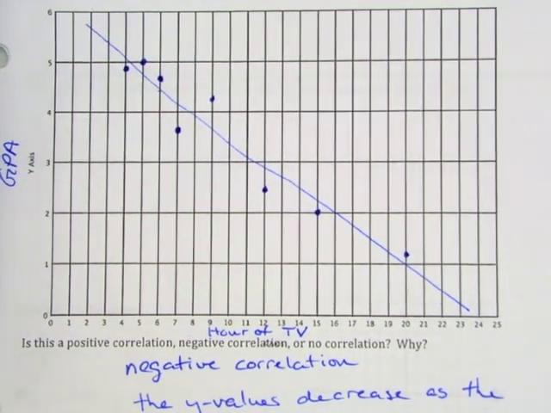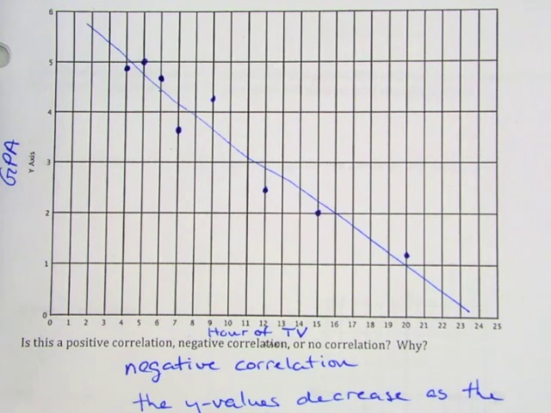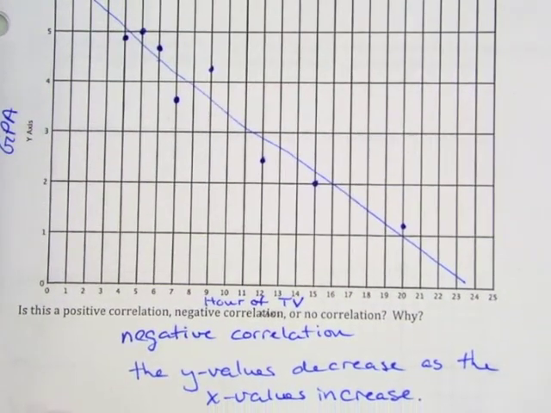That's what our idea of negative slope is. And in this case, when we're looking at data, it's the idea of looking to see that there's a general pattern that follows that idea of negative slope. The y values decrease as the x values increase.